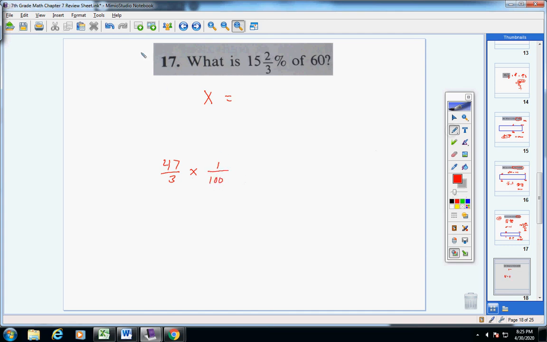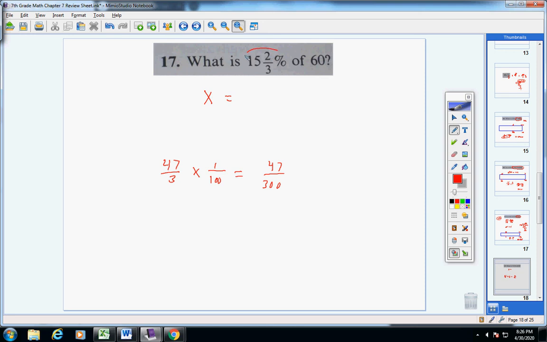Remember that? Which is the same thing as times 1 over 100. Remember, you flip the fraction, guys. You take the 100 over 1 and you flip it. If this was over 1, you would flip it and then multiply. So it would be this. Okay? So 47 times 1 is 47. 3 times 100 is 300. So there we go.